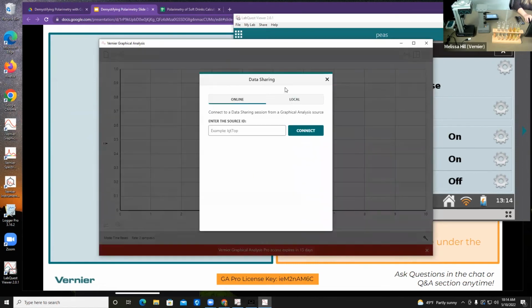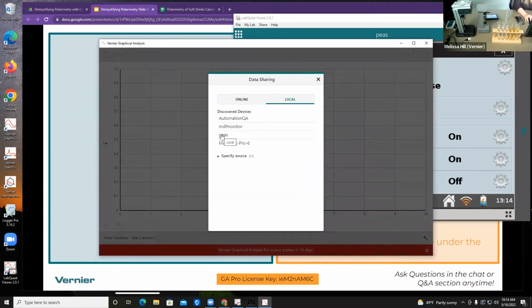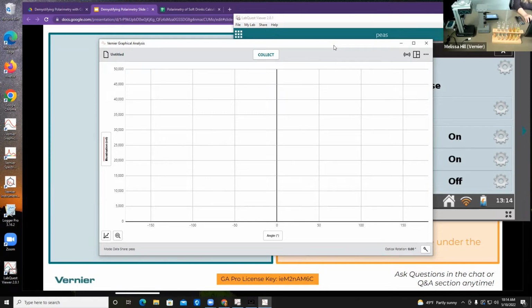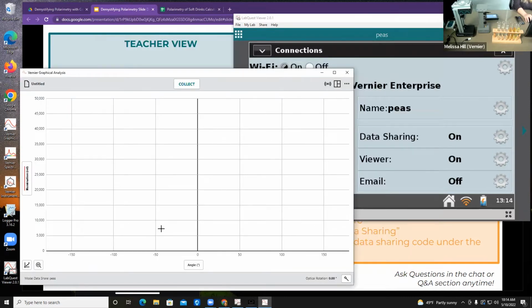Data share again. Local, there it is. All right, so now I'm connected to my LabQuest here as the teacher, or my group of students that are all in the same room as the LabQuest.